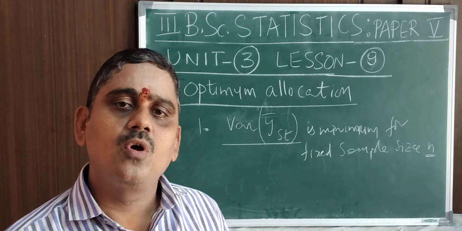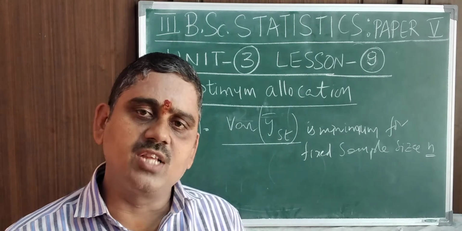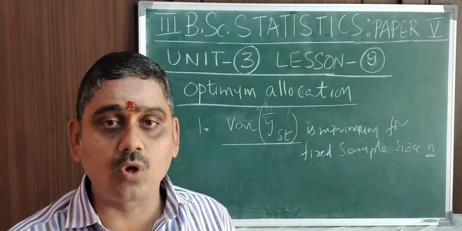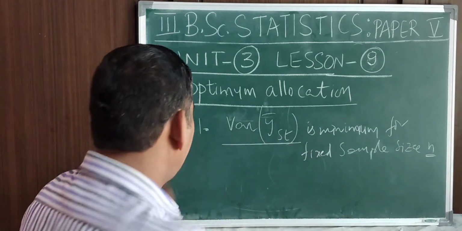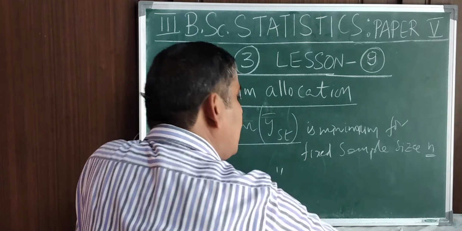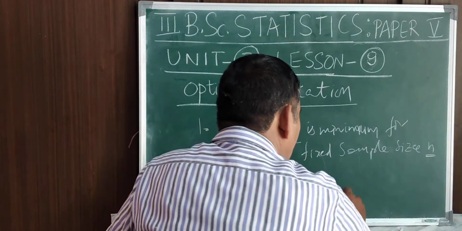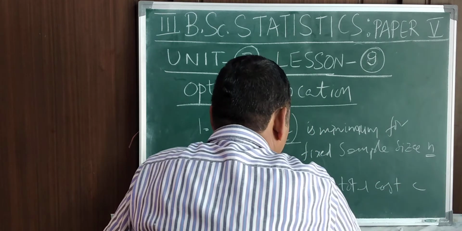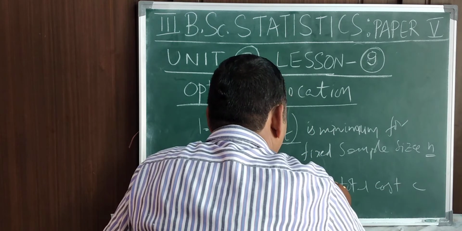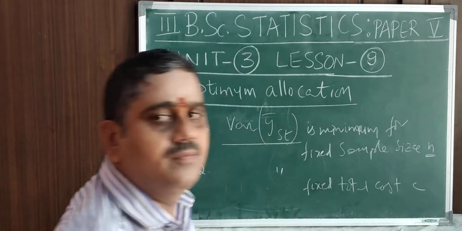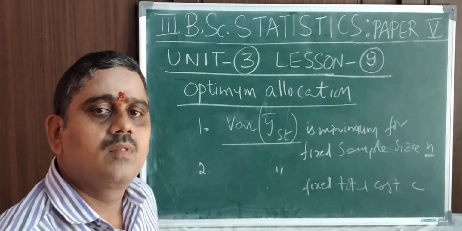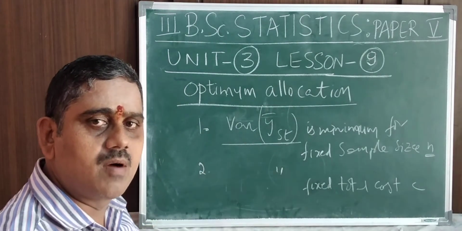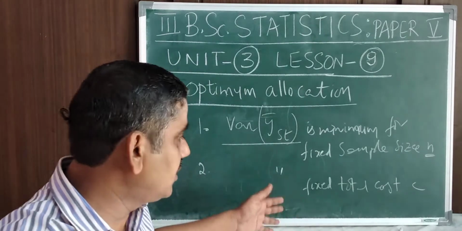That is, minimizing the variance of y bar st for fixed total cost C. The variance of y bar st is going to be minimum for fixed total cost C.